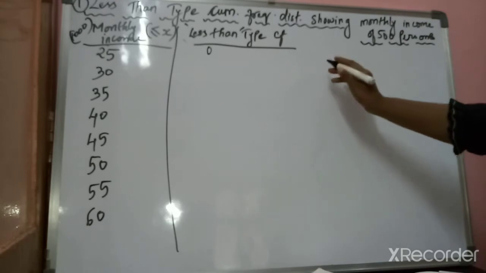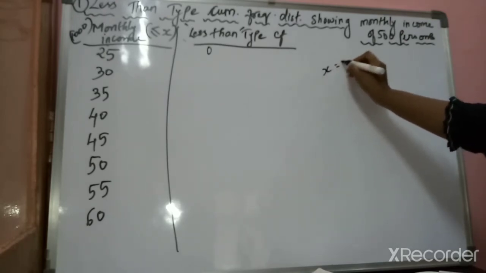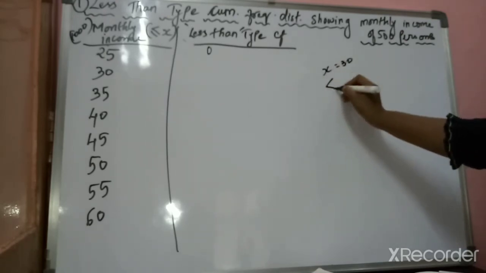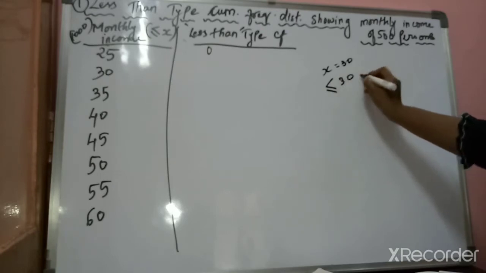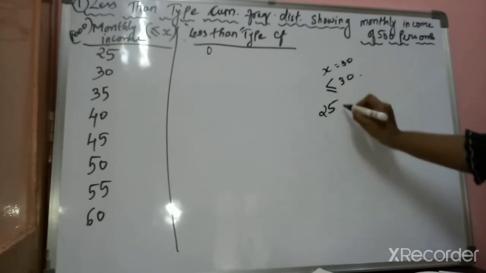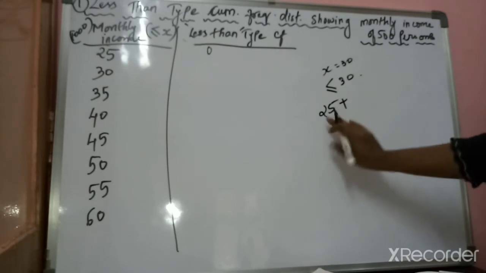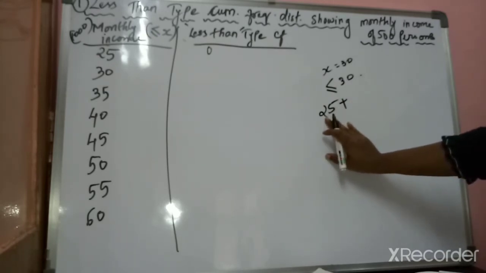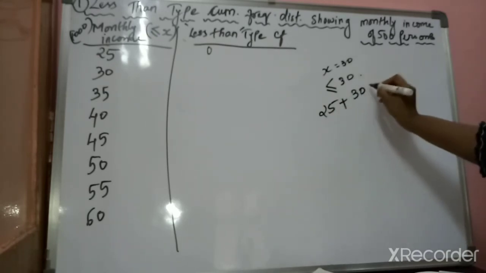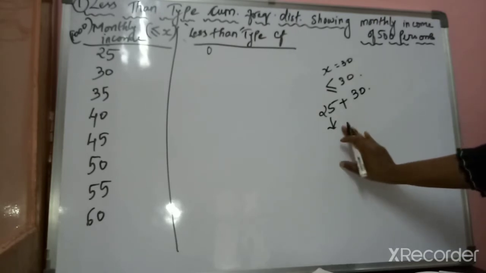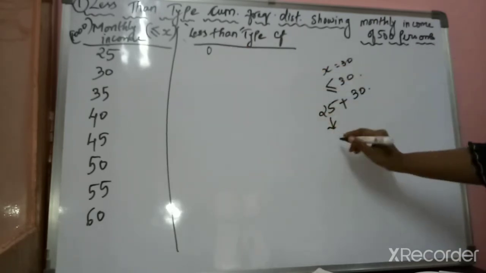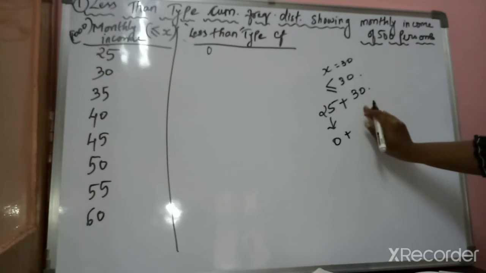Now the next one is x equals 30. So less than or equal to 30 is your 25,000 income and 30,000 also. For 25,000, how many are there? No one, so we wrote 0, plus 30,000.